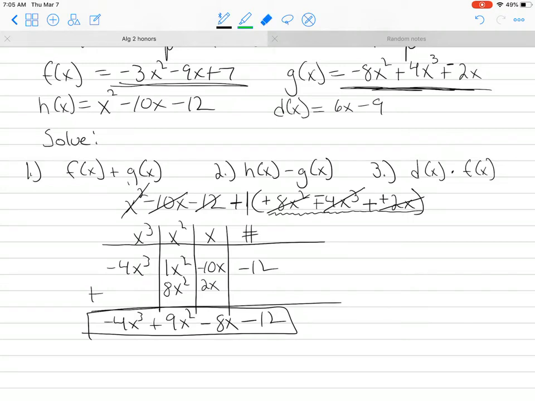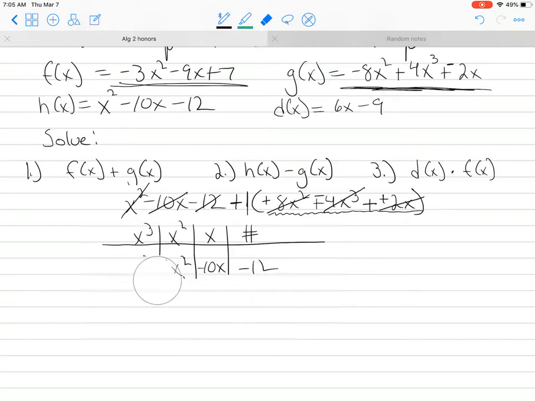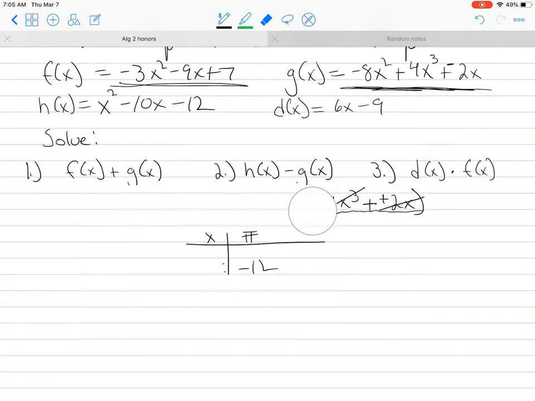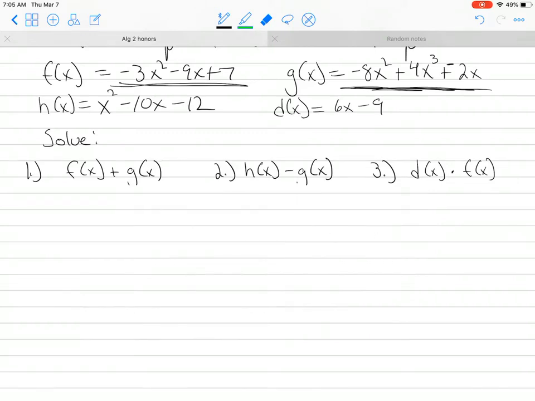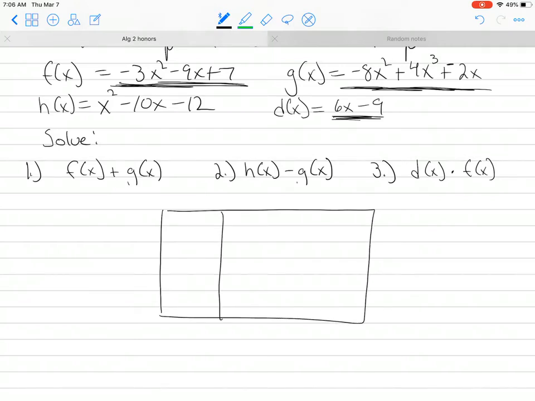All right. Last one, I'm going to erase this. And number 3 talks about d of x times f of x. So d of x times f of x, this is 2 terms times f of x, which is right here, which is 3 terms. So I'm going to do a 2 by 3. Boom, boom, boom. 3 terms up there, 2 terms right here.